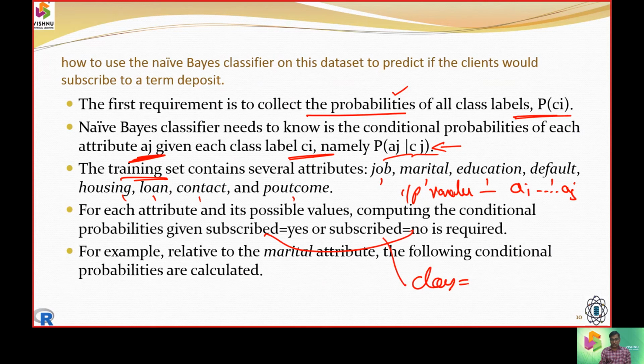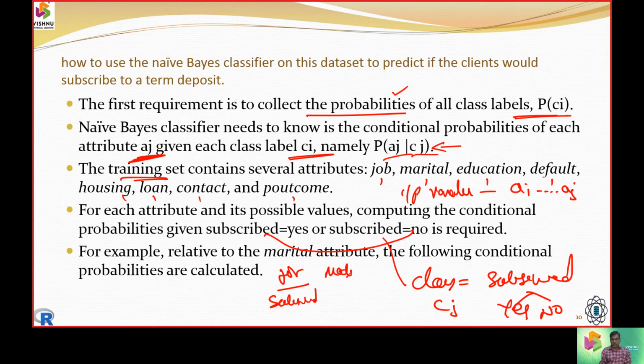The class is subscribed with two values, yes or no. We will call it Cj. So what we can do is job given subscribed, then marital given subscribed, then education given subscribed. Got it? What we are talking about in mathematical form, now we are putting to a database.